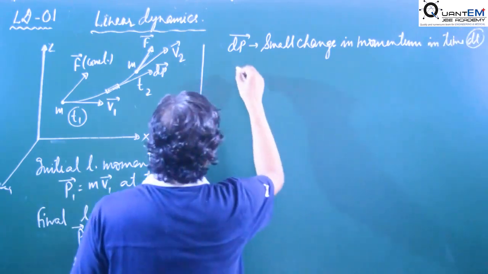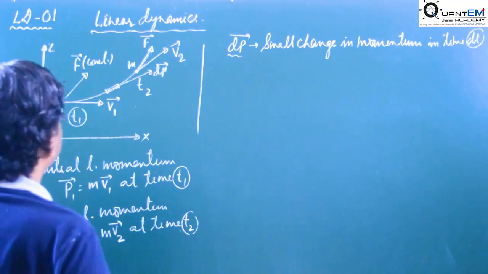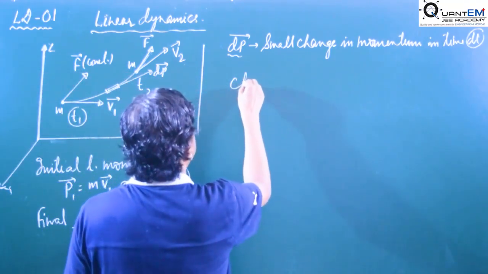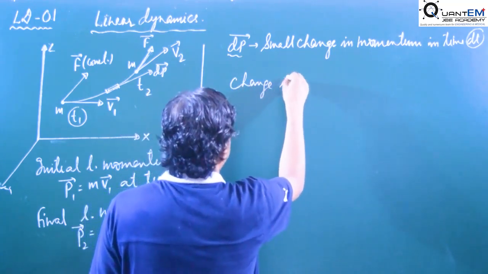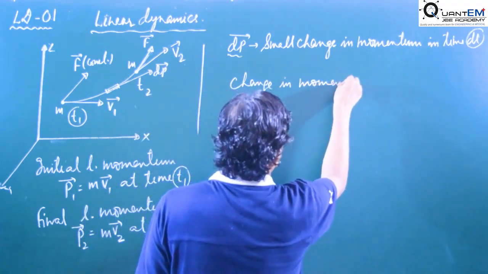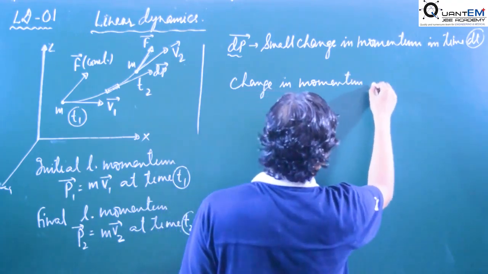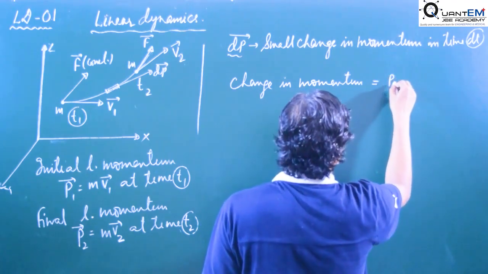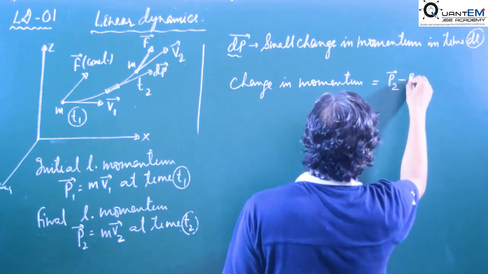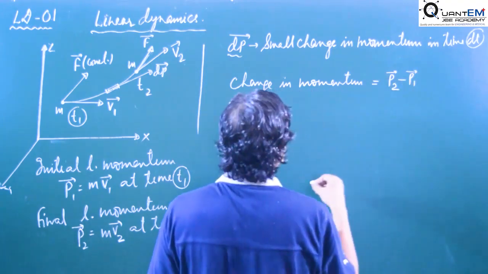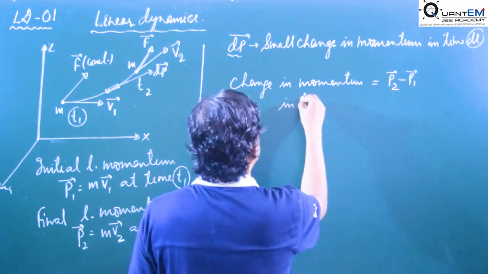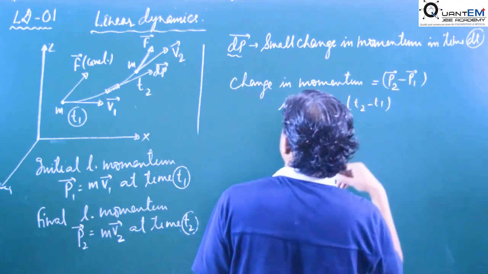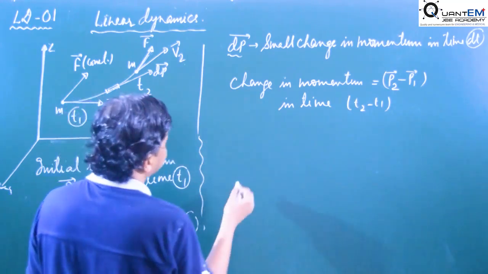Okay, dp is the small change in momentum in small time dt. See, what is the change in momentum? That is p2 minus p1, in time, what time do we have? t2 minus t1.